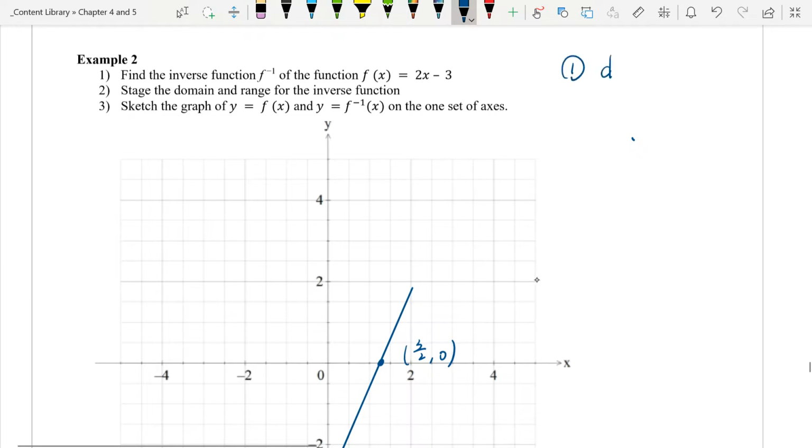The first step is the domain of the original function. What's the domain of the original function? All real numbers. Second, what's the range of this function? All real numbers. What's step number 3?